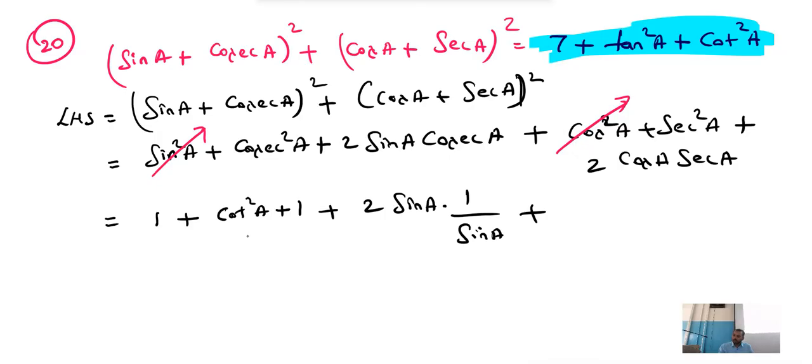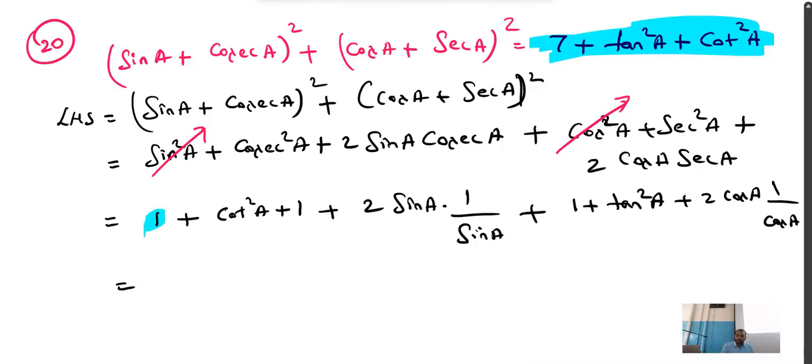1 plus tan square A, tan square A plus 1, plus 2 cos A secant A is 1 by cos A. Now, see here, 1 plus 1, 2 sin A cancel, cos A cancel.